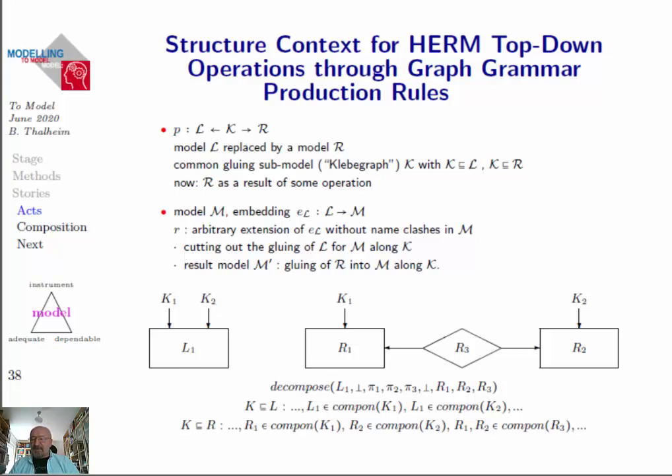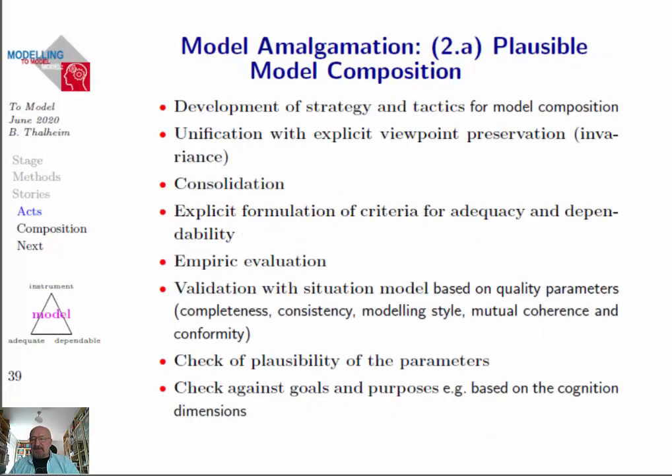Okay, for model amalgamation we start with maybe a plausible model composition. Of course, we first develop strategies and tactics for model composition, or we apply them at least when we already have them in our vocabulary and approaches.